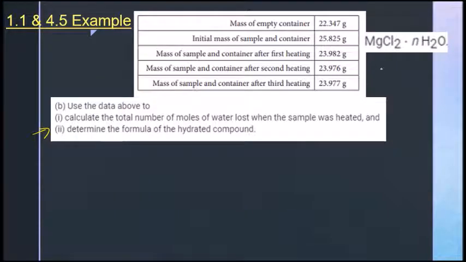Okay, we know the moles. I'm going to write the moles of the water down here because I'm going to need that later. Moles of my water was 0.1026. But before I can do that, I need to have some information about my magnesium chloride. And the relationship between the formula, we need to find this N number.